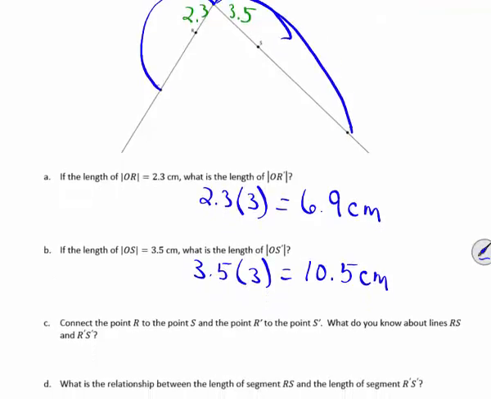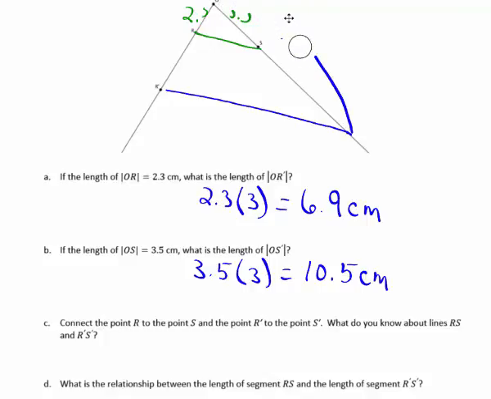Now connect the point R to the point S, and the point R prime to S prime. So by doing that, what we have now done, I'm going to erase my little lines up here, is we now have created two different triangles, right?